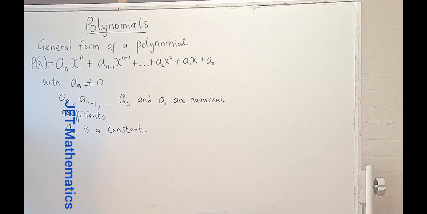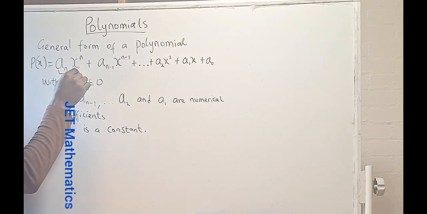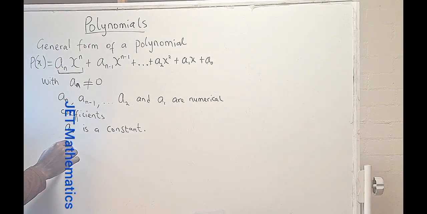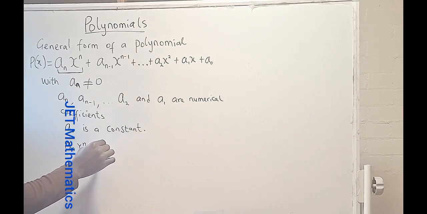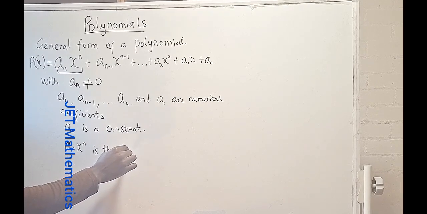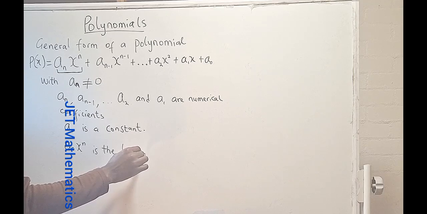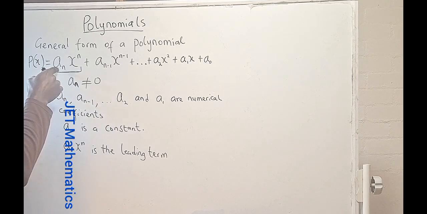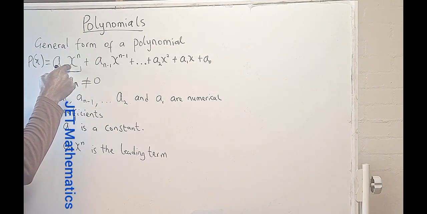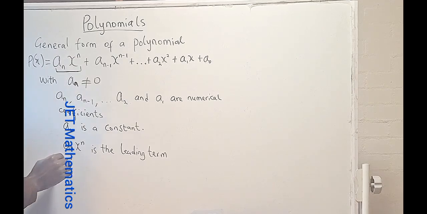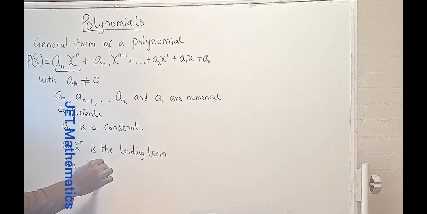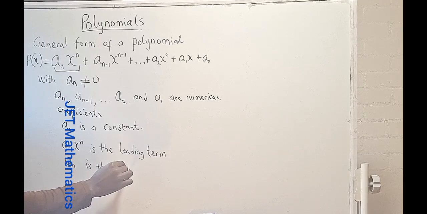Then this term here, a_n x^n, is the leading term, and the coefficient of x raised to the power of n, which is a_n, is the leading coefficient.